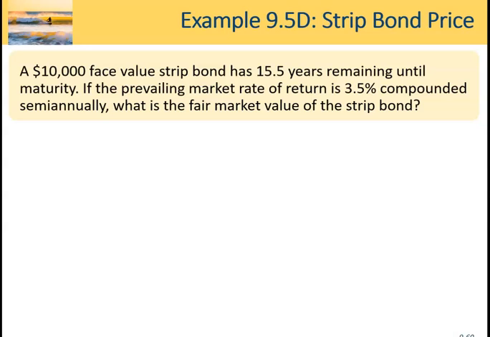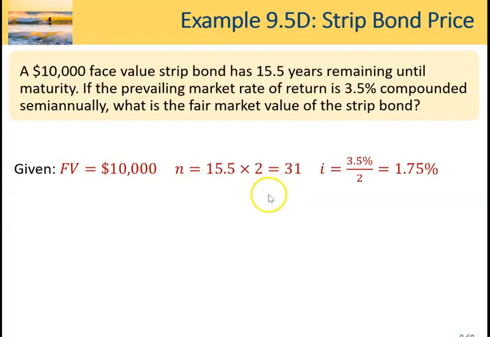And in order to figure out your n, we've got 15.5 multiplied by 2, so your n is 31. What is the fair market value of the strip bond? So again, we've got a future value of 10,000. n is 31. Your i, your periodic interest rate, is 1.75. Your j is the 3.5, and the compounding periods is your 2.